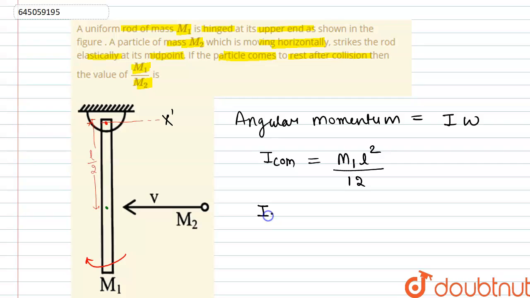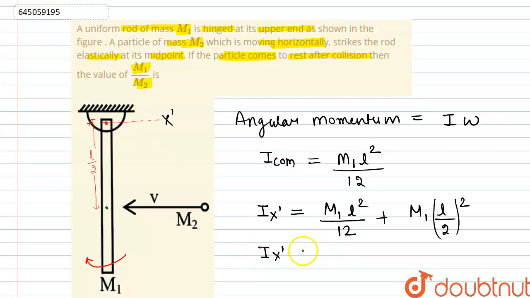So the moment of inertia at x dash is, from the parallel axis theorem, m1 L square by 12 plus mass of the rod, which is m1, into this distance, right, square, so L by 2 square. So after solving this we get Ix dash, the moment of inertia about this axis, is m1 L square by 3, right?